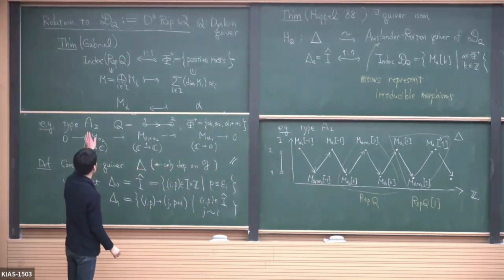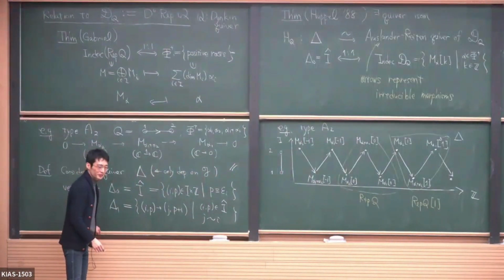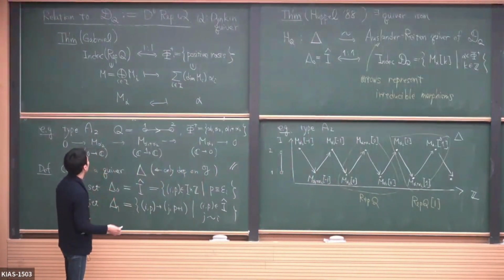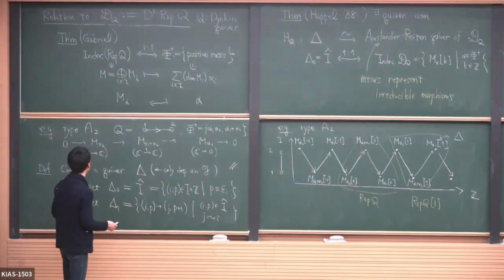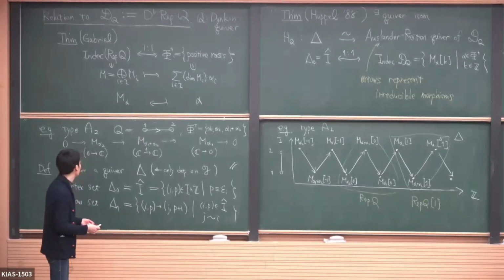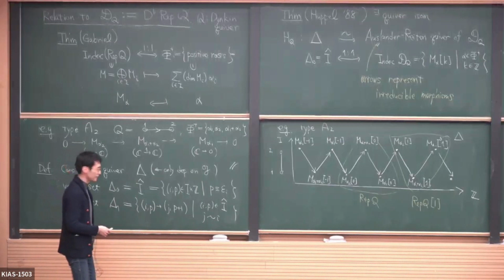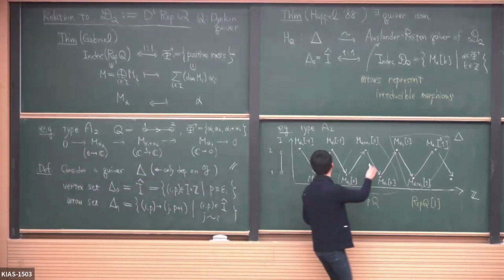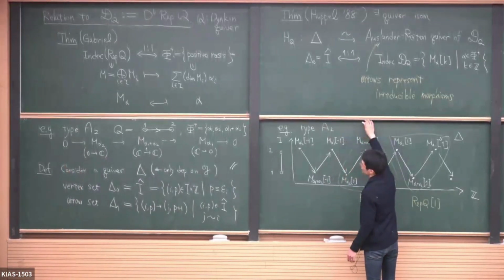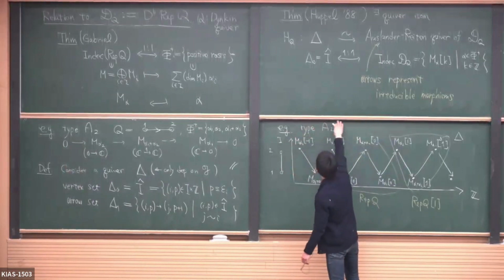Yes, this statement is only for finite type. For non-finite type, we have a generalization due to Kac's theorem, but that is not a bijection. Okay, so this is what this theorem says.